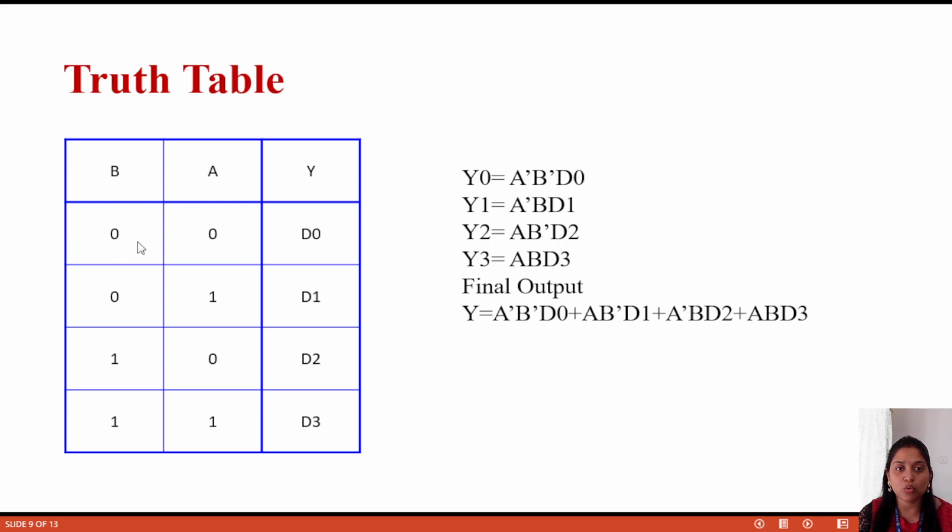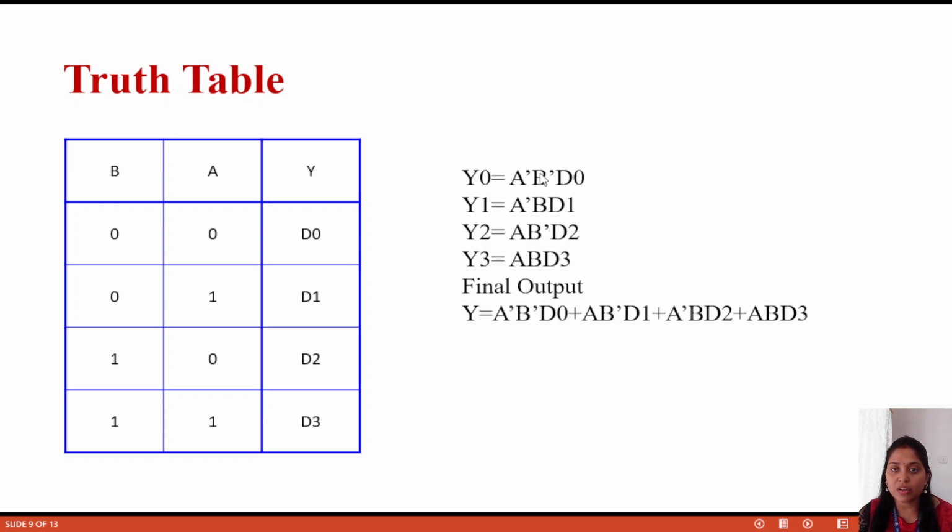As this is 2 bits, there are 4 combinations: 0 0, 0 1, 1 0, 1 1. When 0 0 is the control signal, only D0 will go to the output. When 0 1 is the control signal, D1 is the output. The D1 signal will pass to the output.